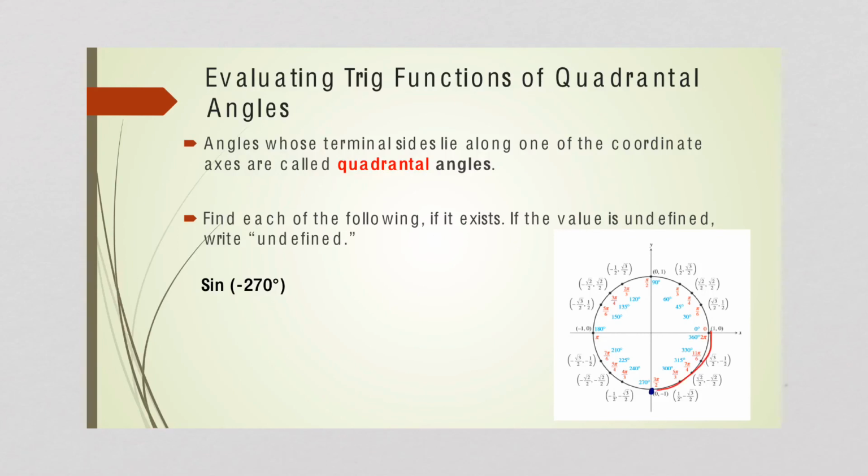So we're going this way, 270 degrees, and we end up here. So see how my angle actually ends up on the y-axis. Well, sine is the y-coordinate, so in this case, it's 1. Does it have to be any more than that? No, it does not.